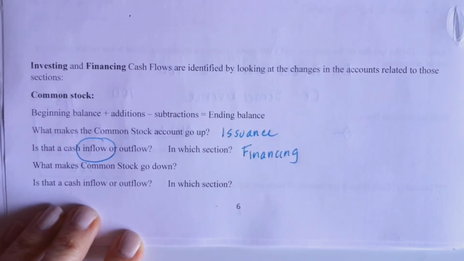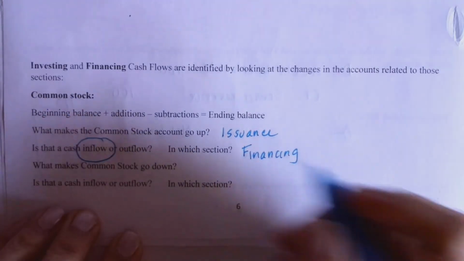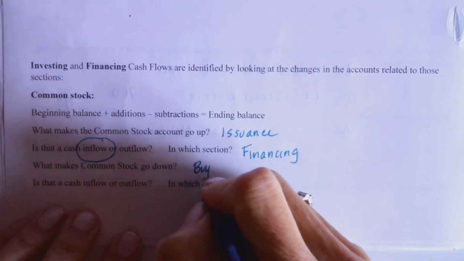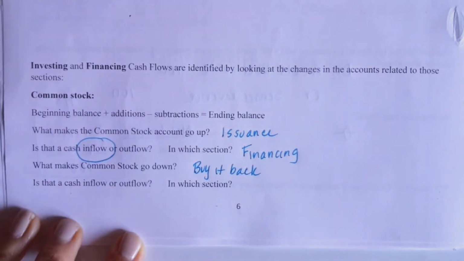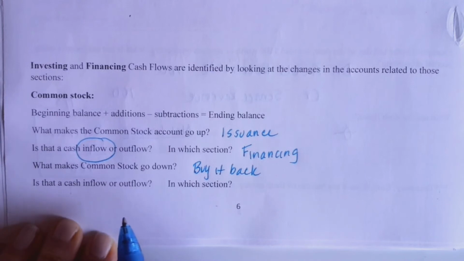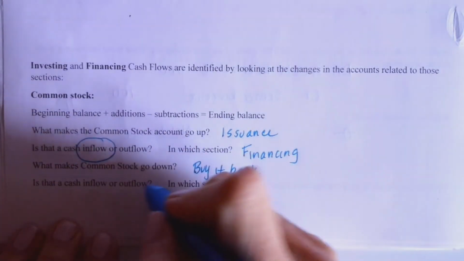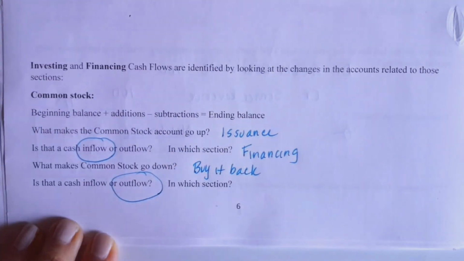What makes it go down? So that doesn't make common stock go down. Yeah, if we buy it back, yes. And is that a cash inflow or outflow? Good. Which section? Good.